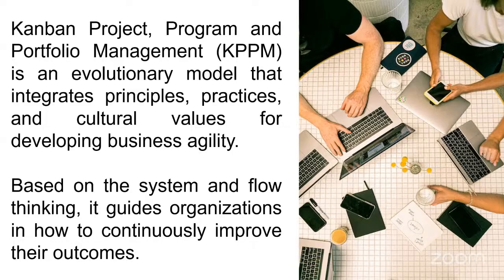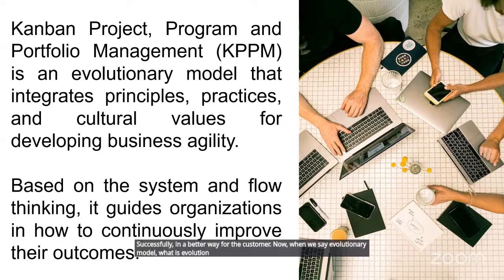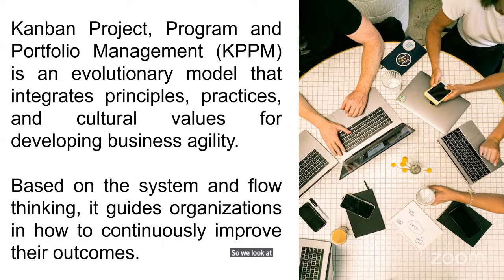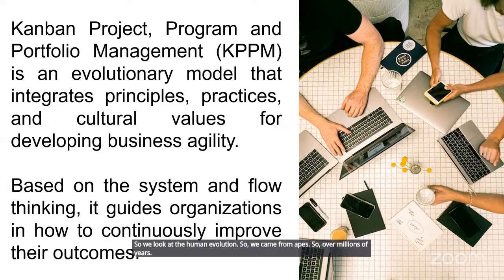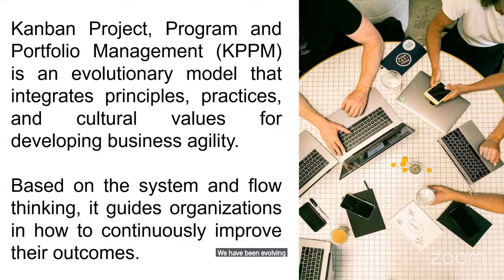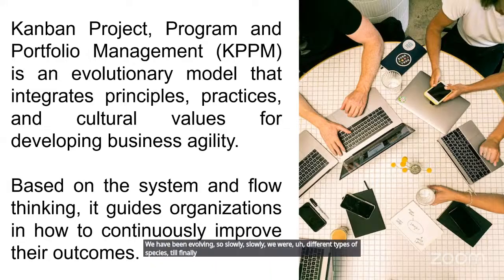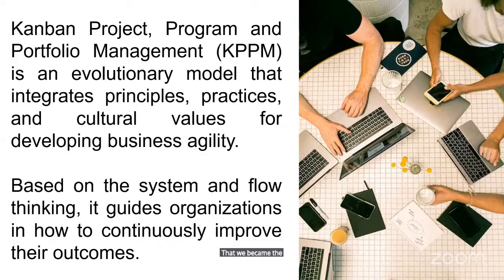Now, when we say evolutionary model, what is evolutionary? So we look at the human evolution. We came from apes. So over millions of years, we have been evolving. Slowly, we were different types of species till finally we became the Homo sapiens species. We became the species known as humans. So we have evolved over millions of years. Similarly, when we say evolutionary model, it also evolves.